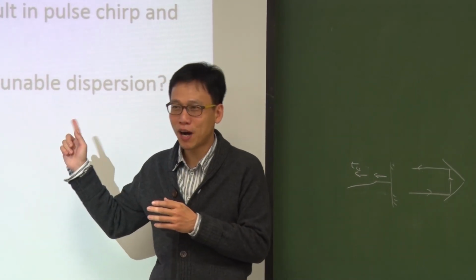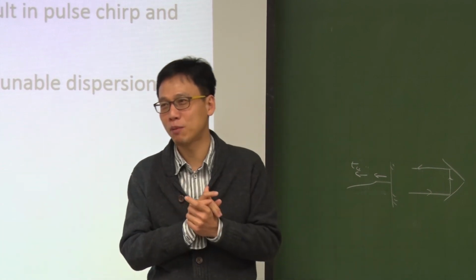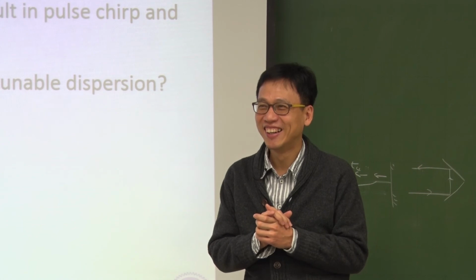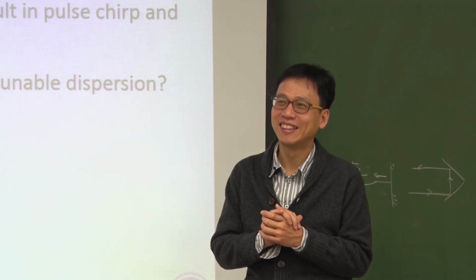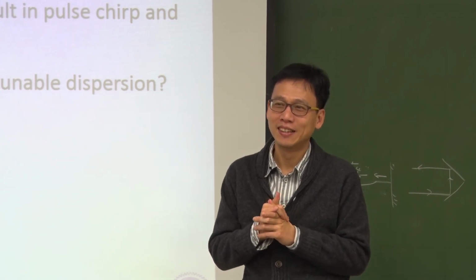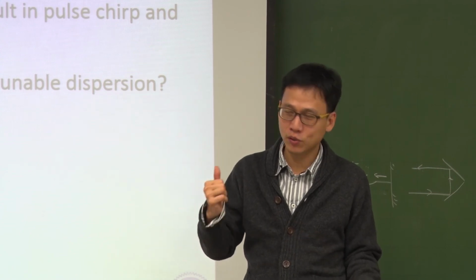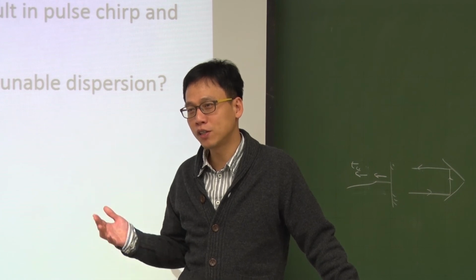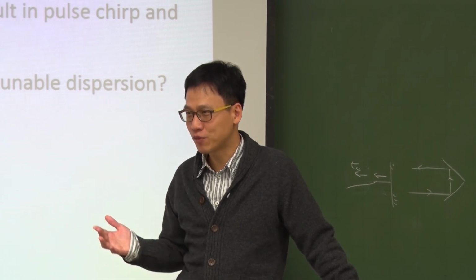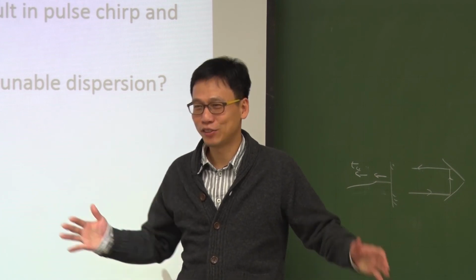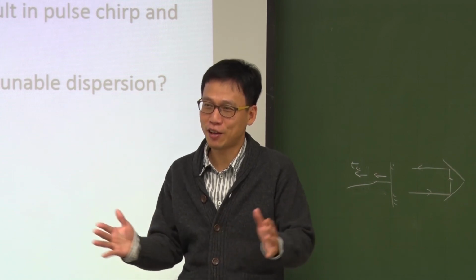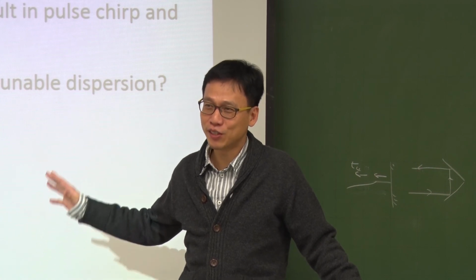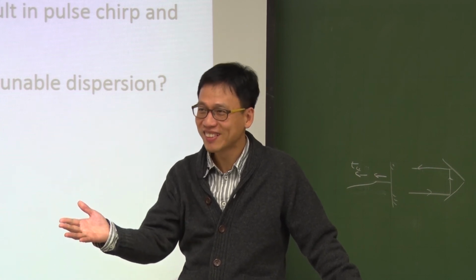But that can be partially solved by a pair of double chirped mirrors, as I just showed you. I think the most important advantage of grating pair is the group delay dispersion is tunable, not fixed. Just change the separation. You can have big or small group delay, but in chirp mirrors, you can't. After you have the mirrors, the chirp is fixed.